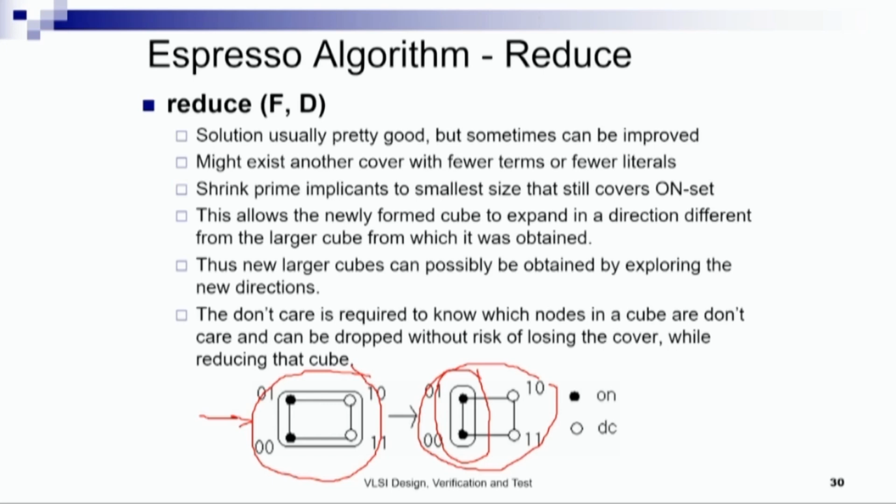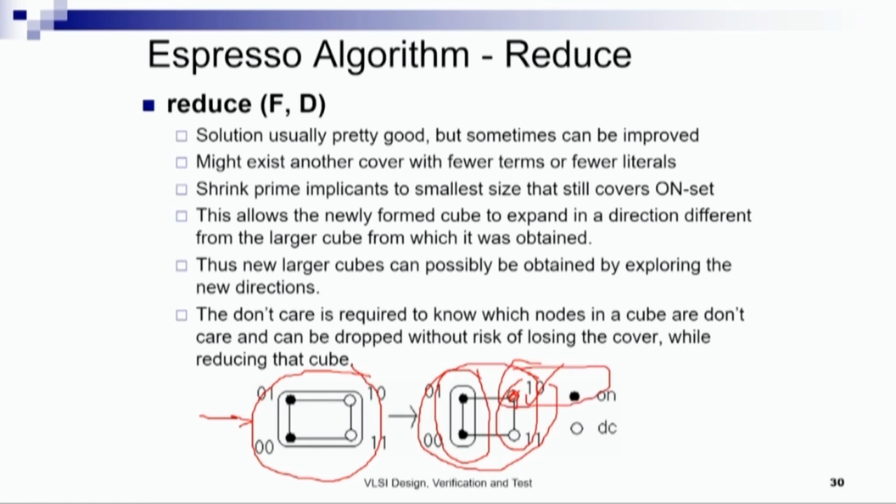This is not a DC variable, as is this one. Now when this was a cover, then if I reduce it to this, then this on vertex will not be covered anymore. If this on vertex is not covered by another prime implicant from somewhere else, like this one, say.